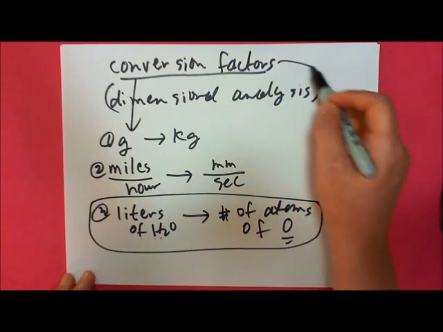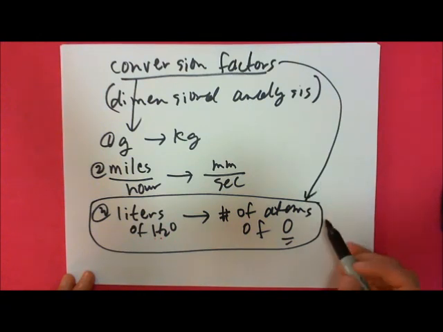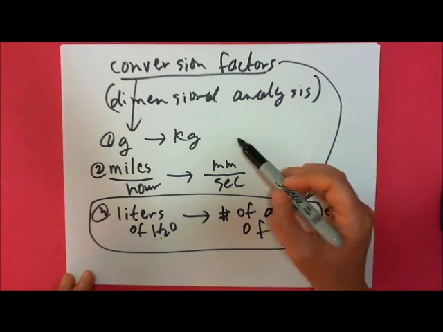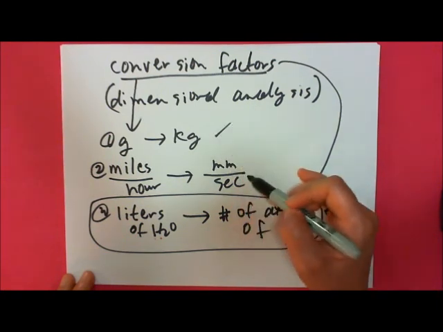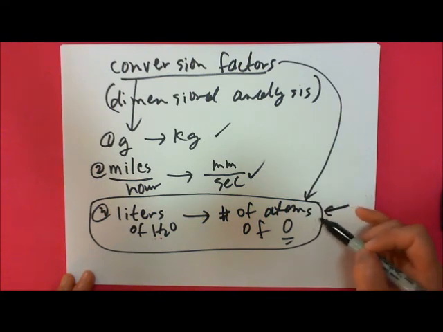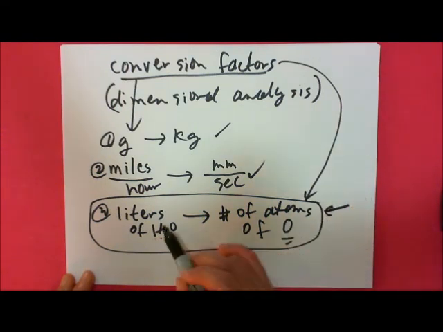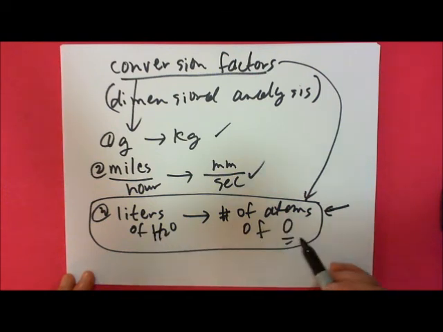Now, the conversion factors that I just gave you are going to result in you being able to do this kind of stuff. What we were doing in Chapter 1 were things like this and this. But here, we're going to find new conversion factors that we're going to use for going from amounts of water, for instance, to number of atoms.